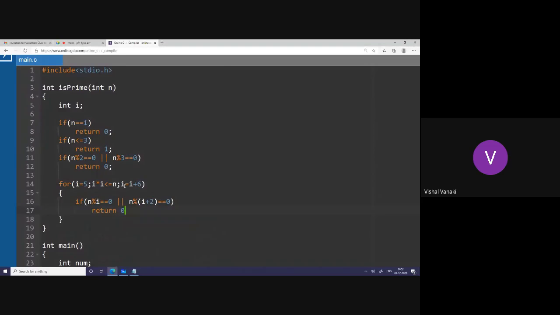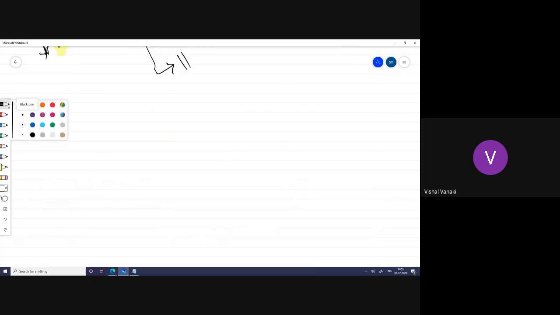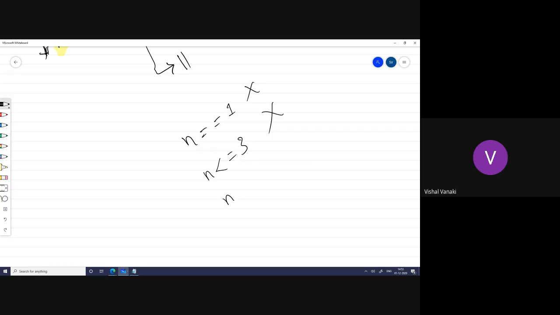Now, the last option says that, see, the given number n equal to 1 fails. Given number less than or equal to 3 fails. Given number not divisible by 2 or 3 fails. Then given number n is not divisible by any prime.